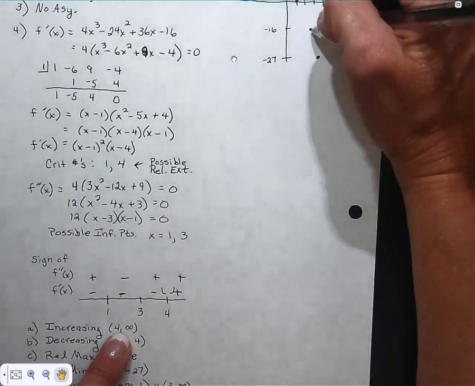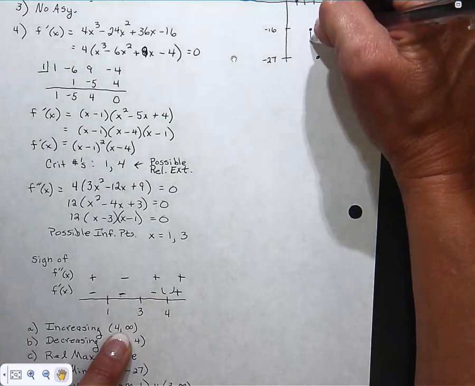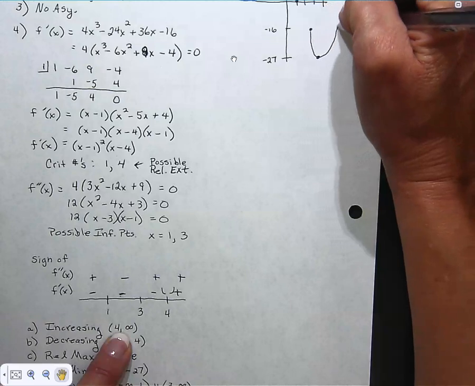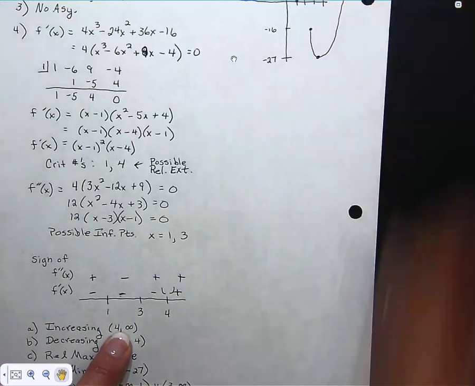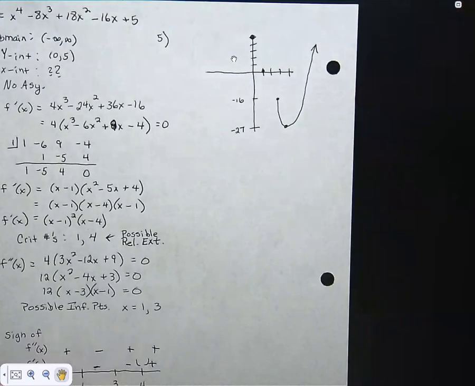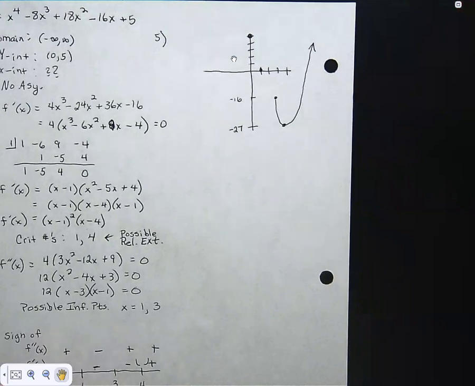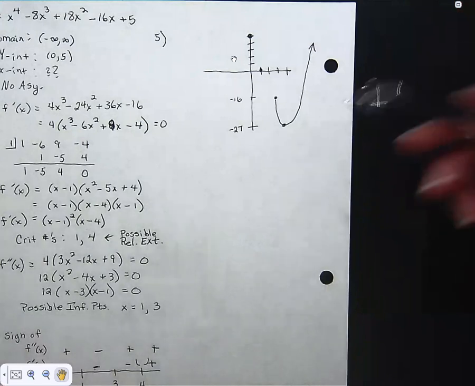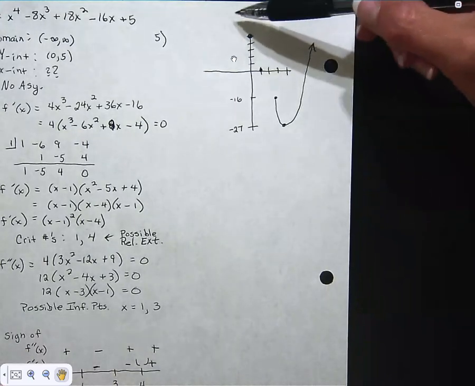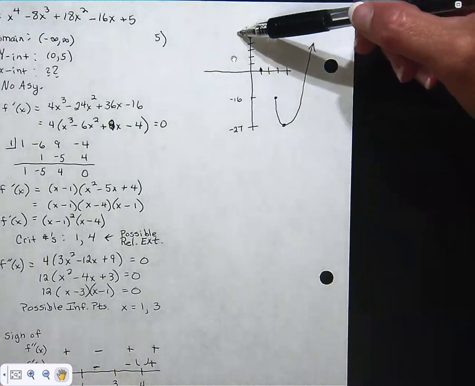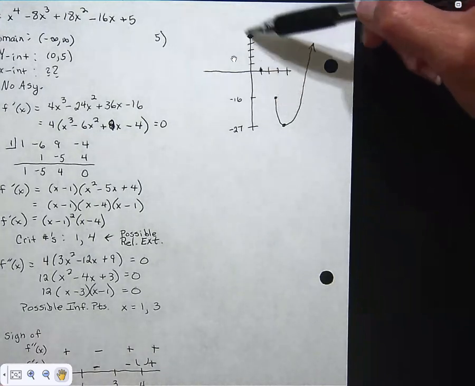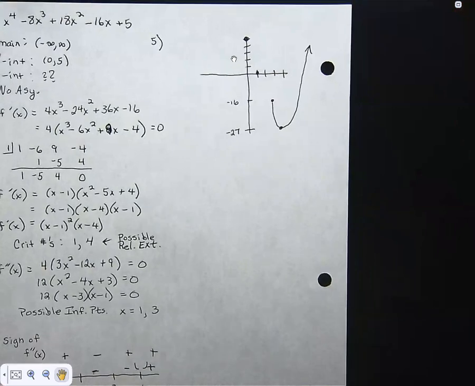I suggest doing this in pencil, by the way. Strongly suggest doing this in pencil. It's decreasing from -infinity to 4. So I'm not drawing this yet, but I can see that's where it's coming downhill, right there. I just got to work the concavity into that.